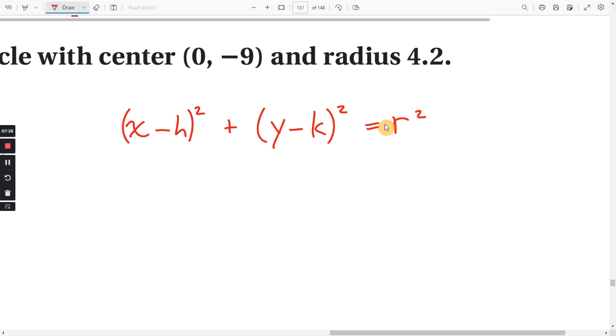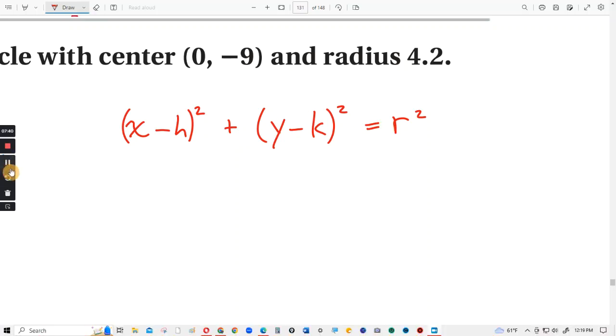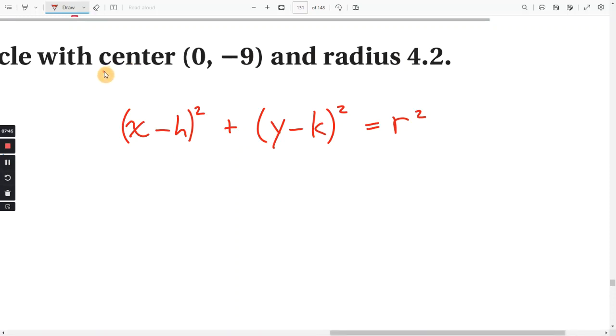They are just equal. And we said h and k are the coordinates for the center. So we can see right here the h is 0 and the k is -9, and the radius equals 4.2. Alright, so it's pretty simple.